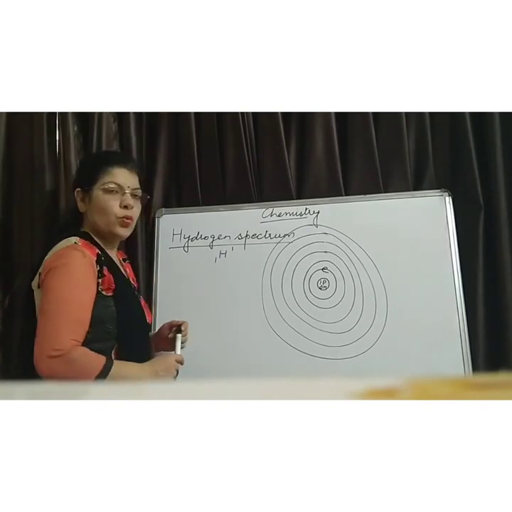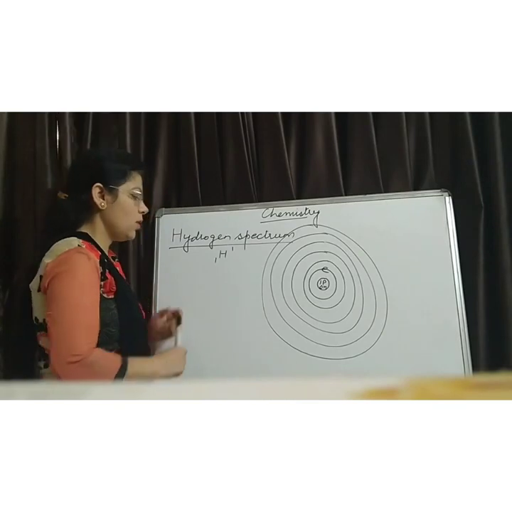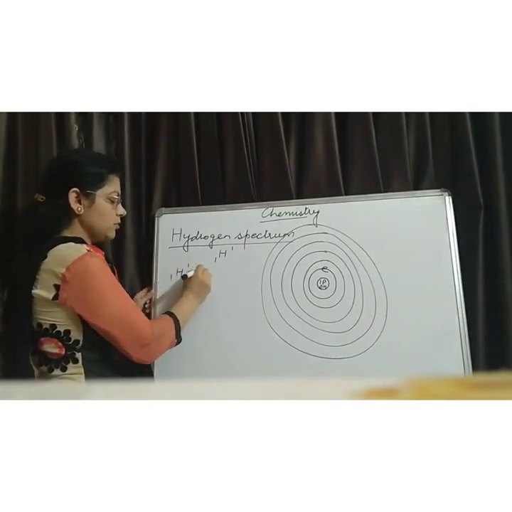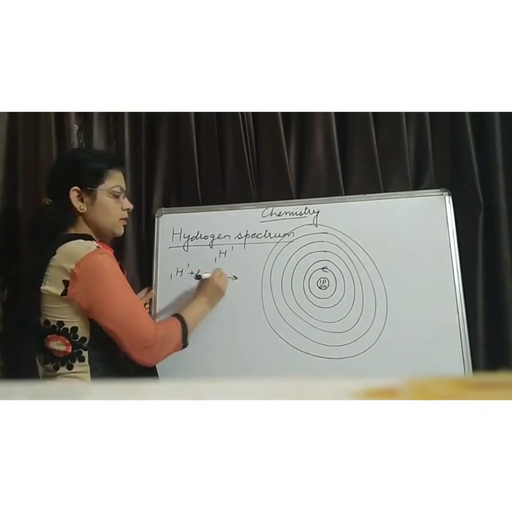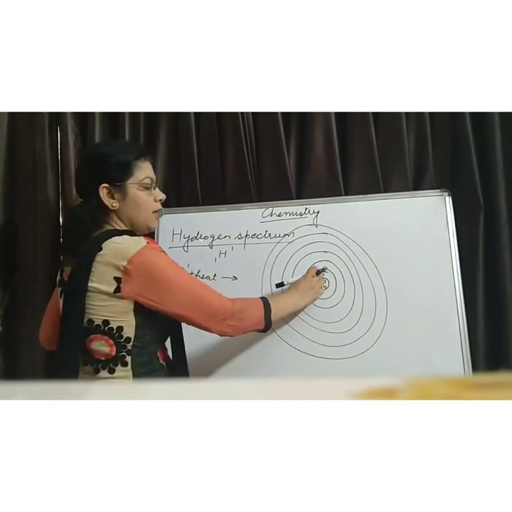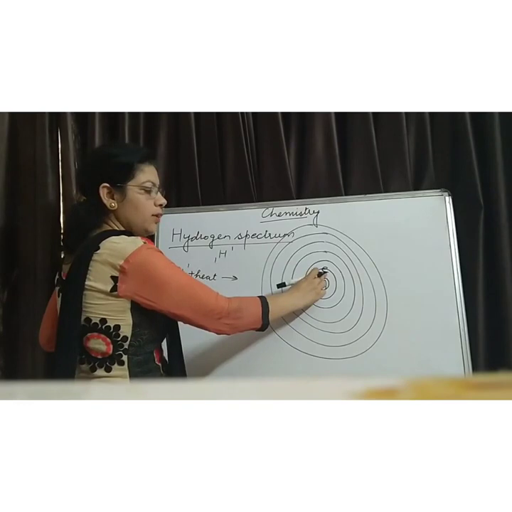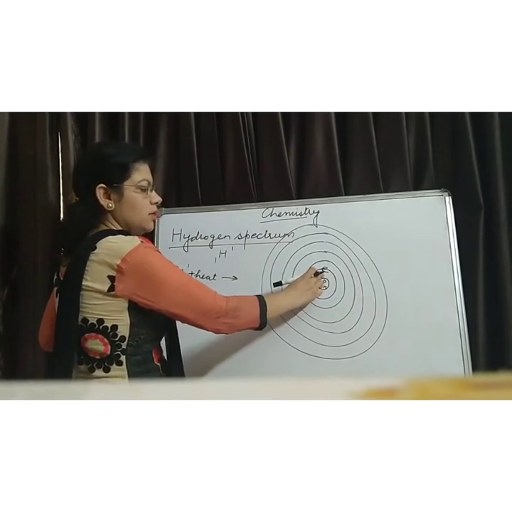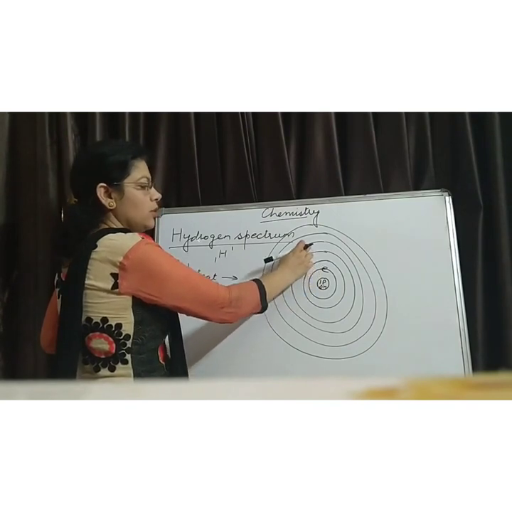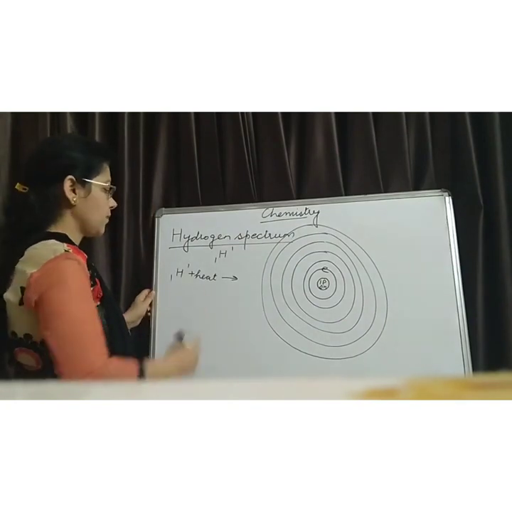What happens when we supply heat or energy to hydrogen? When we supply heat to hydrogen, then that heat is gained by this electron. Whenever this electron gains energy, then it will jump into another orbit of higher energy.